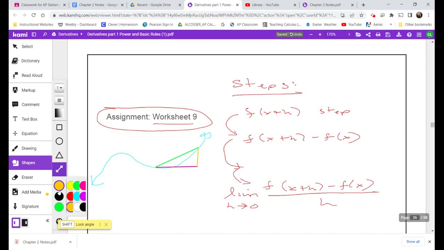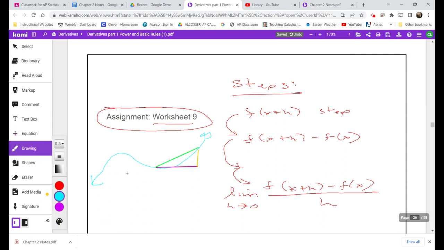So if we really look at this, this is my change in x. Here's my change in y. And that's what this here is, and this here is that part right there. So does this change in x approach 0? What happens to y? That's kind of the idea, guys.